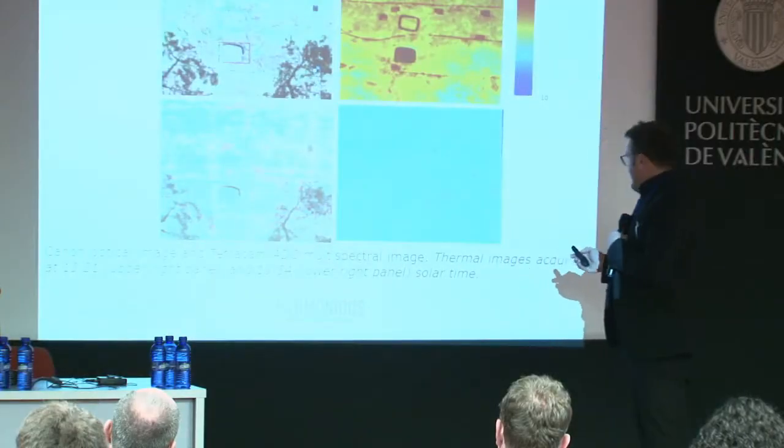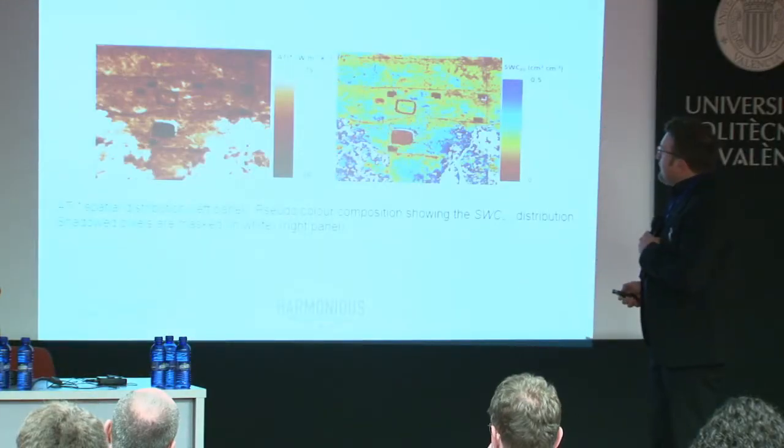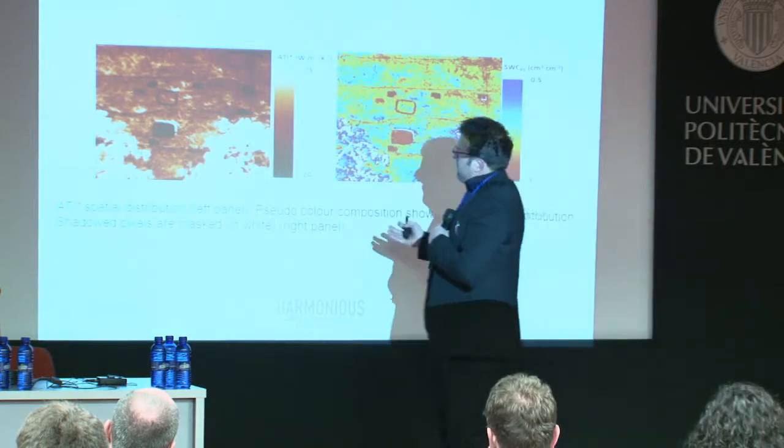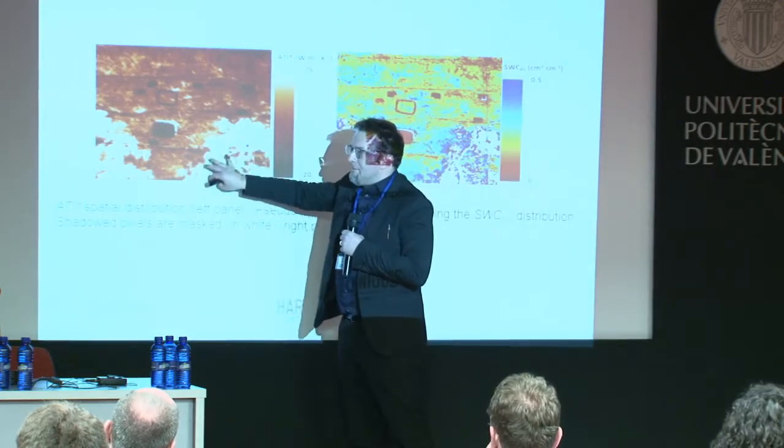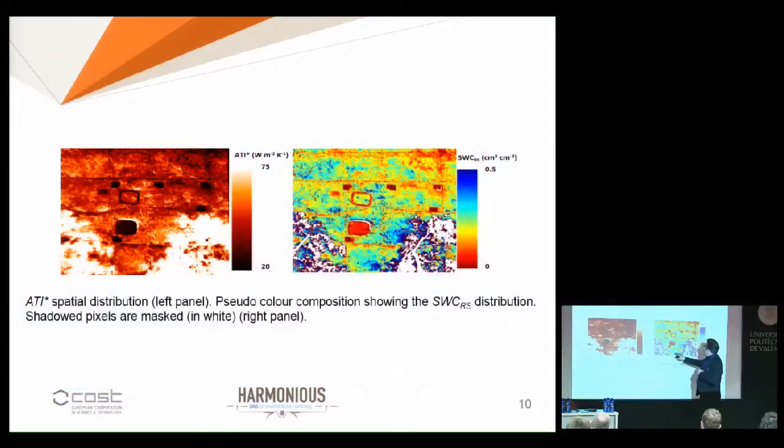And anyway, if you, let's say, mask out some pixels, you can obtain a proxy of thermal inertia, that is the apparent thermal inertia, and then you can convert this quantity into a soil water content.